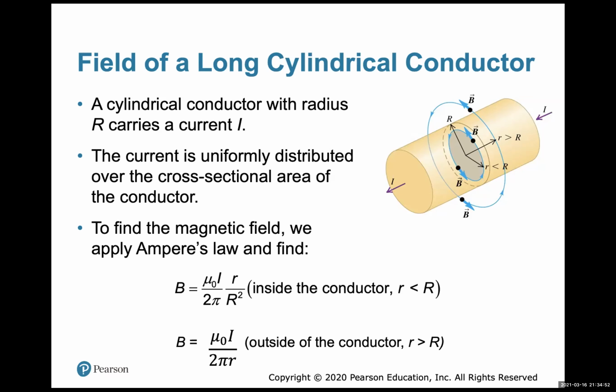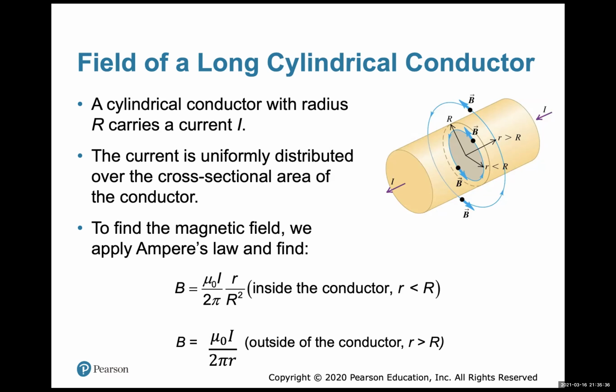We consider an Amperian loop outside the cylindrical conductor, and we end up with the typical result for the magnetic field outside a long linear conductor. This should feel very familiar. We know what the answer is outside the cylindrical conductor because we wrote it a few slides ago. The only thing we got to worry about is the field inside the material of the conductor. As we use larger and larger loops, we're enclosing more and more of that current passing through the plane bounded by the loop.